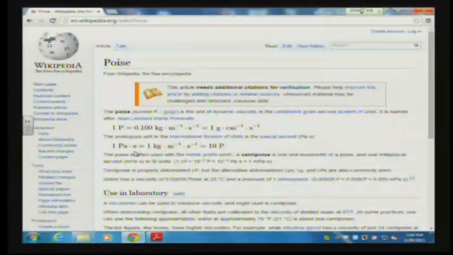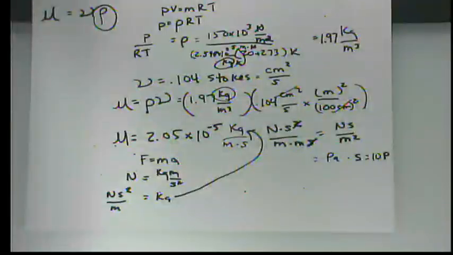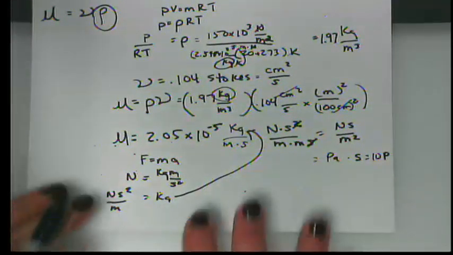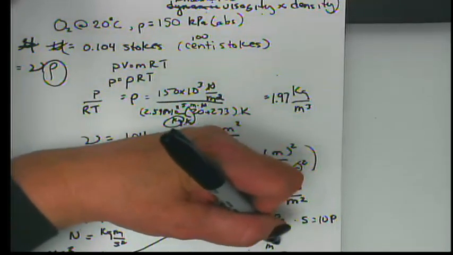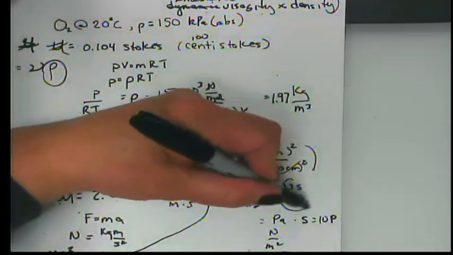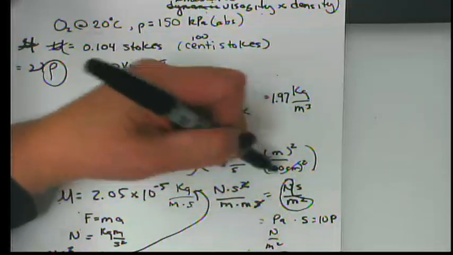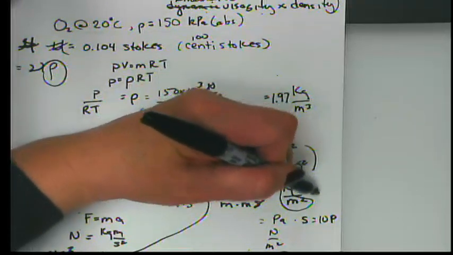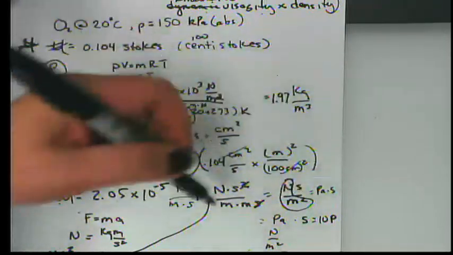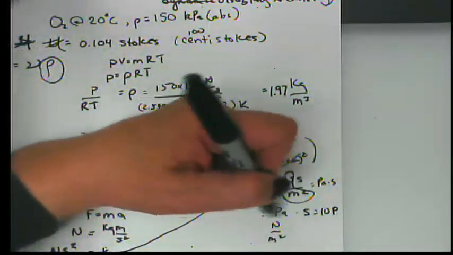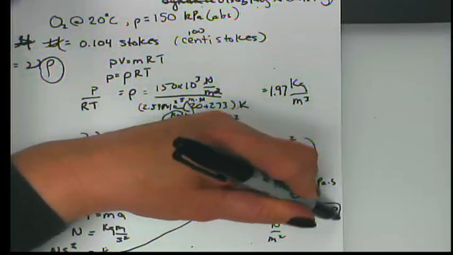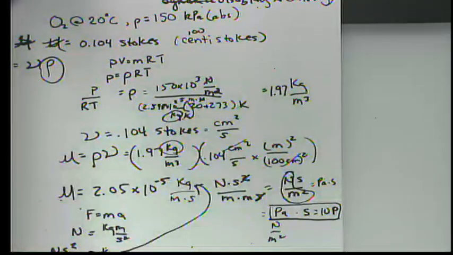So if we go back to our document camera, what we can see, a Pascal, we know, is a Newton per meter squared. So we could say that this is a Pascal second, and so we can also say that that's equal to 10 poise. So that's another unit that we can use.